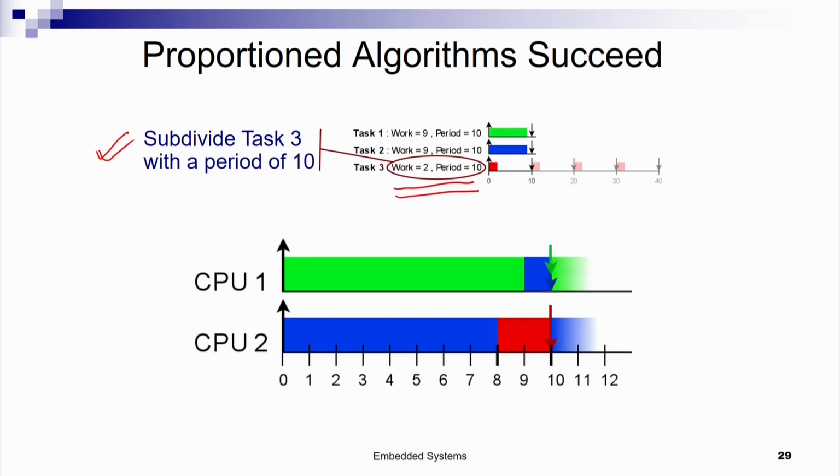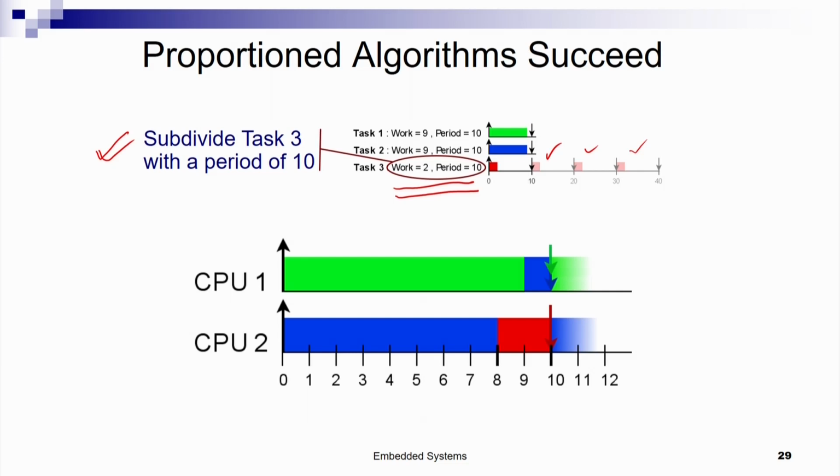Within 10 it must do 2 units of work, within 20 it must do 2 units of work, within 30 it must do 2 units of work, and within 30 to 40 also it must do 2 units of work in order to complete all its 8 units of required execution.